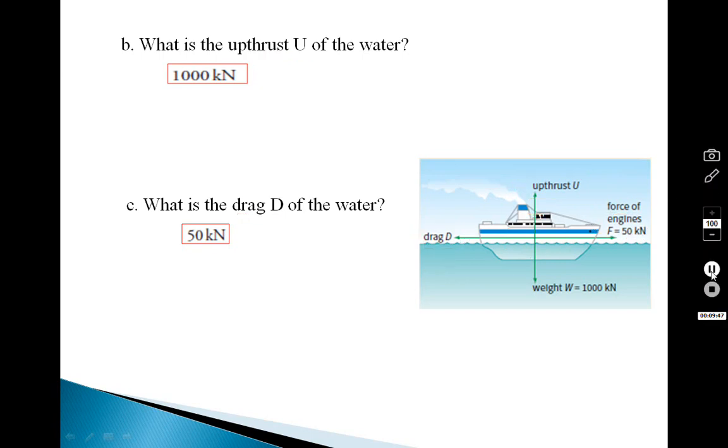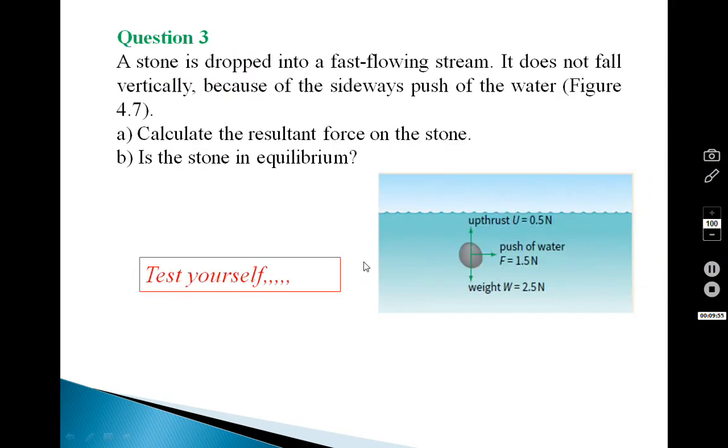Okay, now we will move to question number 3 on the same page. In question number 3, a stone is dropped into a fast flowing stream.